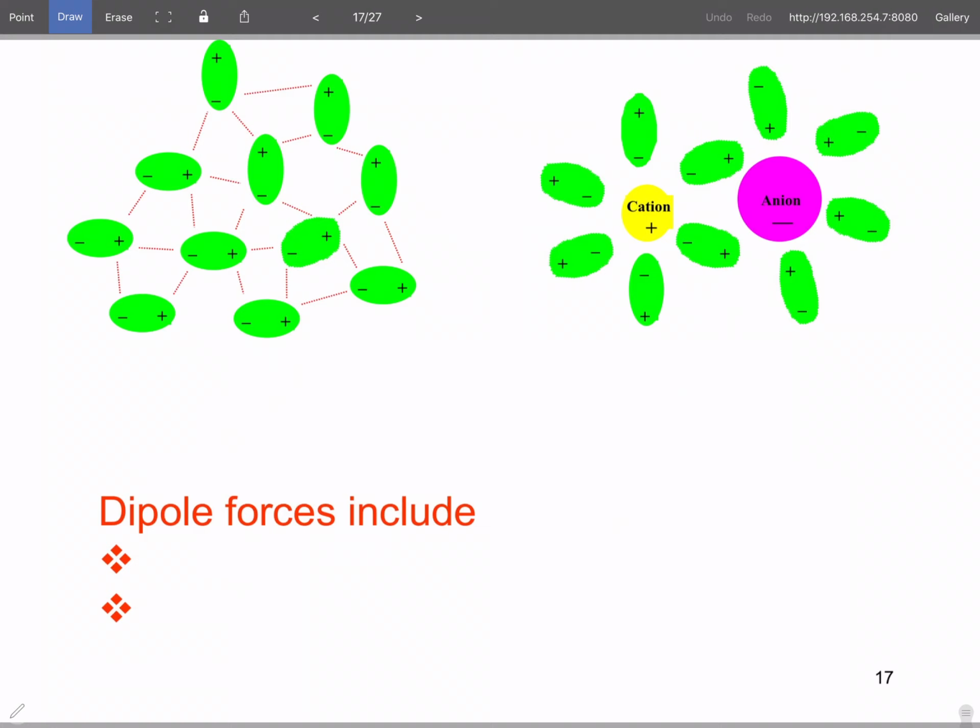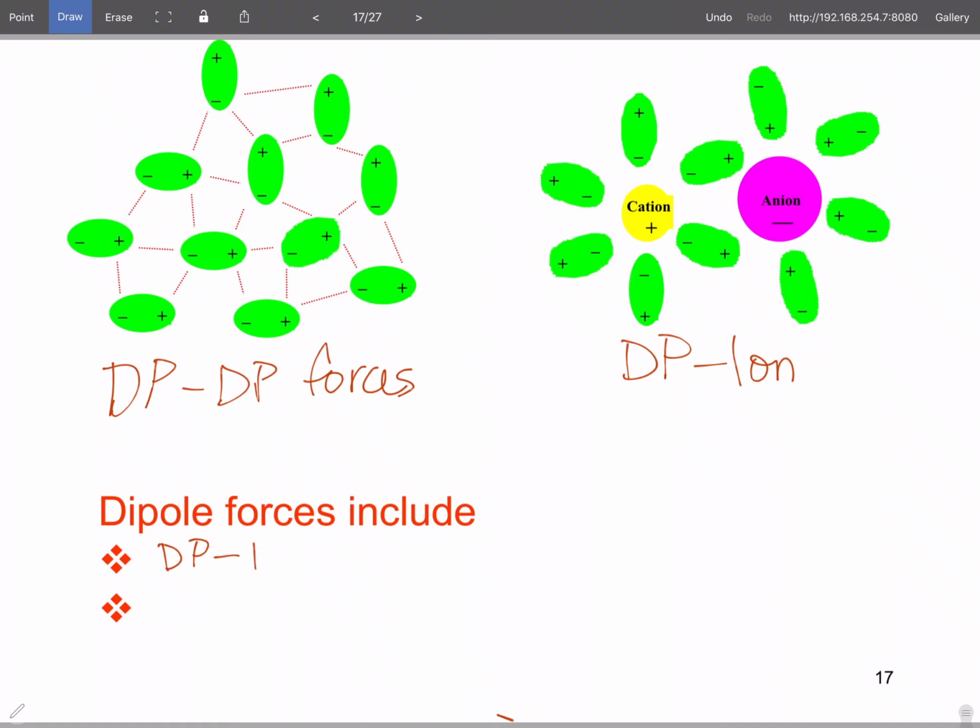Okay, this is my weirdo drawing that I did. These are dipole forces. Whereas over here, you're like, wait, we got a cation ion. So this is dipole-ion forces. So dipole forces include dipole-dipole and dipole-ion interaction.